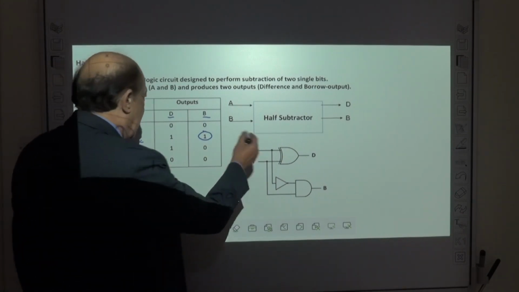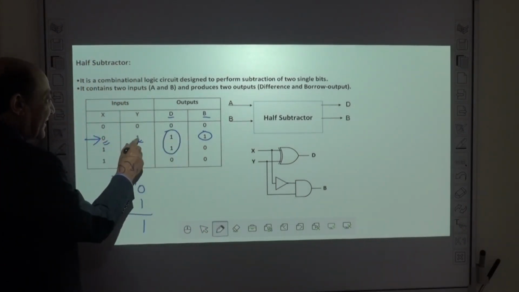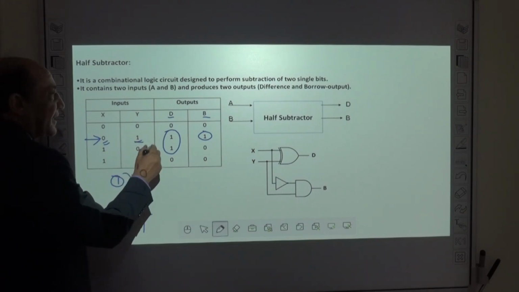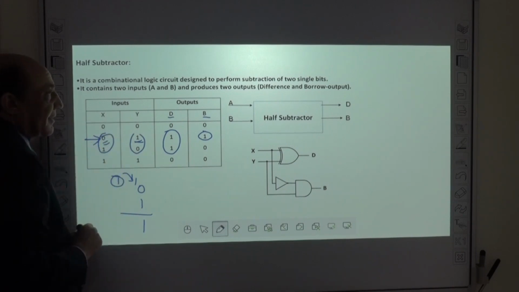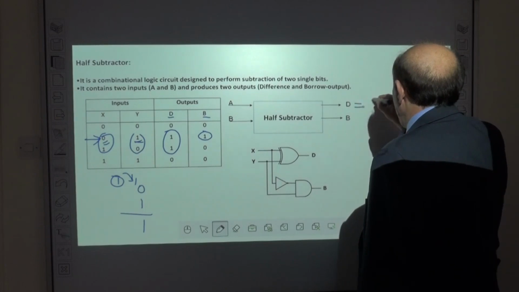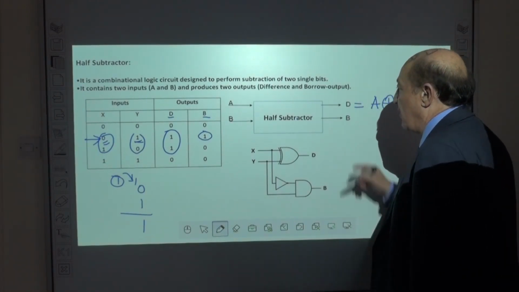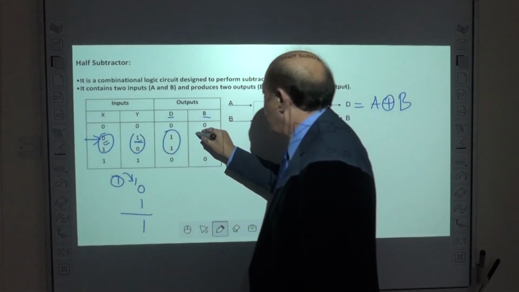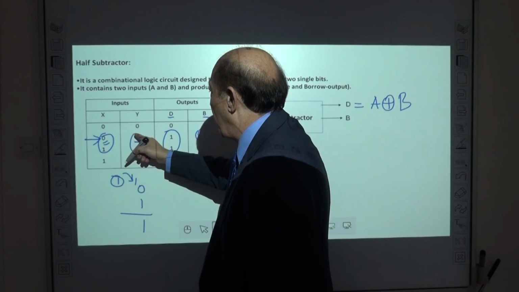Again, the difference is equal to not x y, or x not y, which is the same expression as in the sum. Difference equals A exclusive OR B, while borrow is 1 only here, when x is 0 and y is 1.